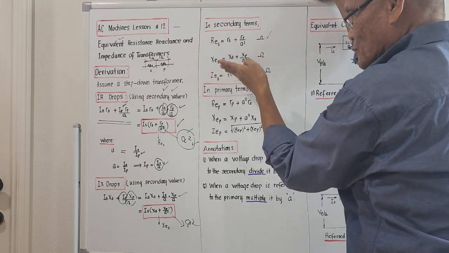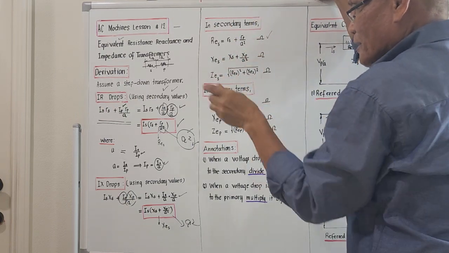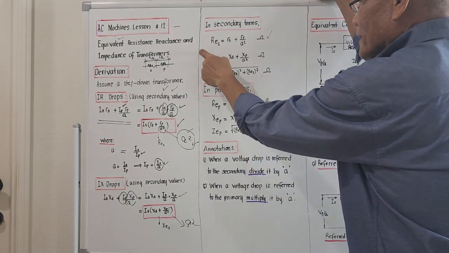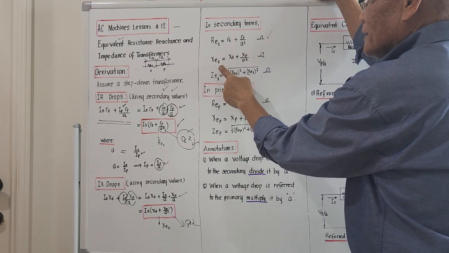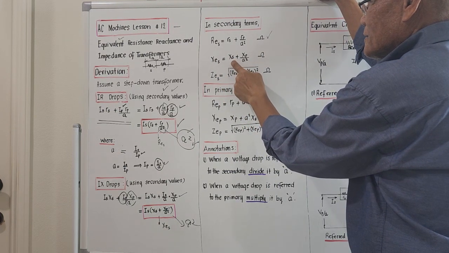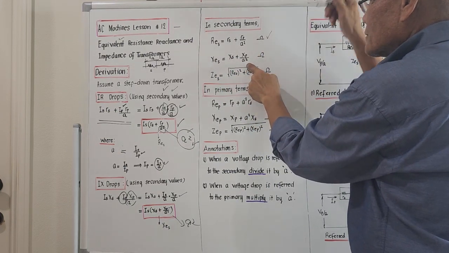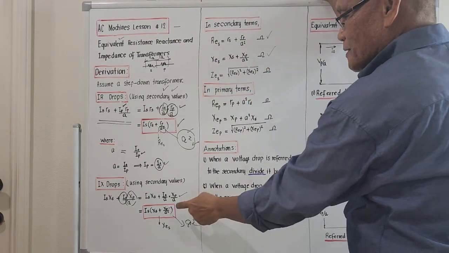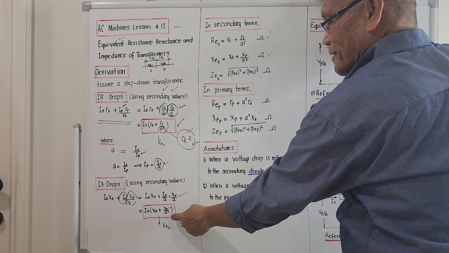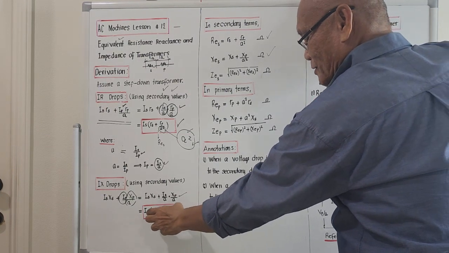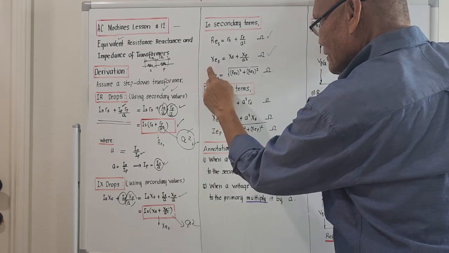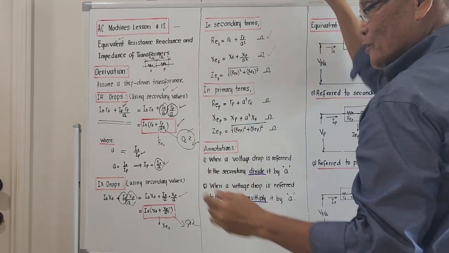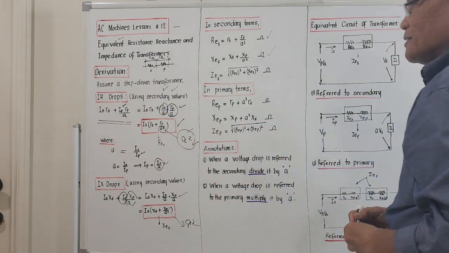For the reactance, we will just change the R to X. So the equivalent reactance referred to the secondary should be equal to XS plus XP over A square ohms. Where does this one emanate? It's from A. So instead of writing these two terms here, we just designate as simply XES or RES. Okay, we just merge it.